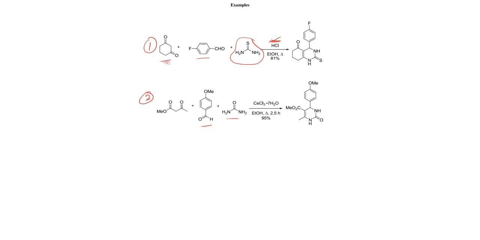So the reaction is feasible with both protonic acid and Lewis acid. If you use urea, a carbonylic functionality will be formed, and if thiourea is used, a thiocarbonylic functionality will be part of this pyrimidone ring.